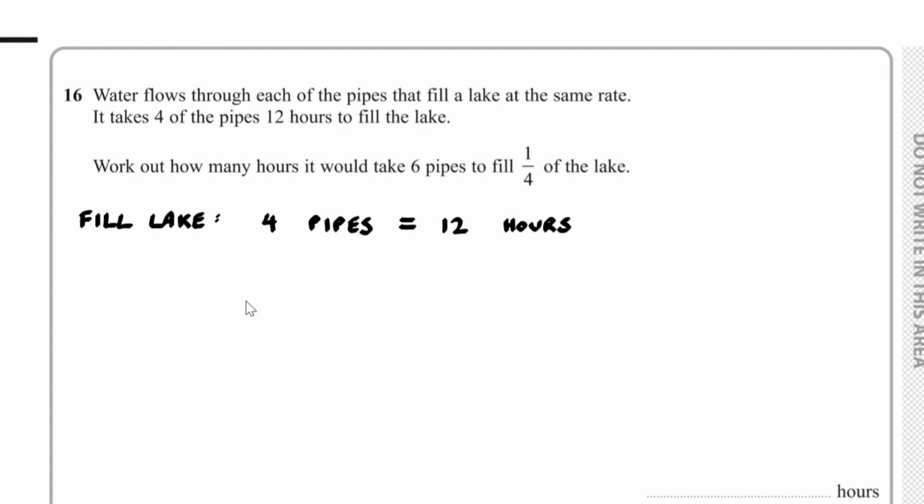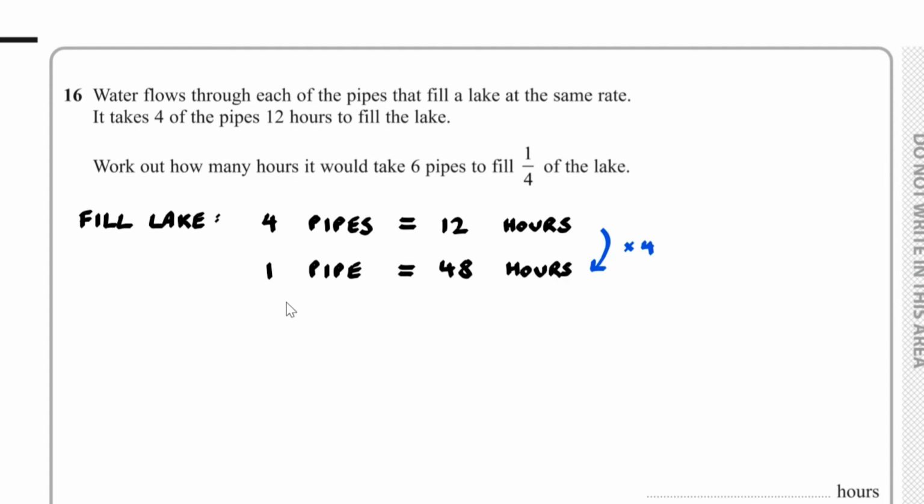altogether. So therefore, 1 pipe will take 4 times longer, so therefore 1 pipe will take 48 hours to fill the lake completely.